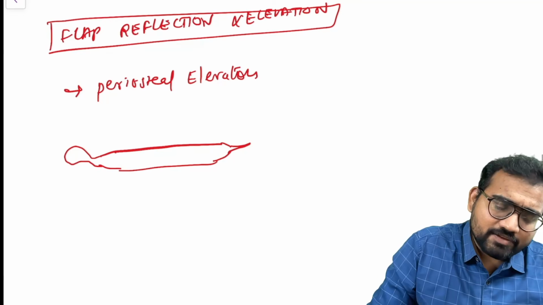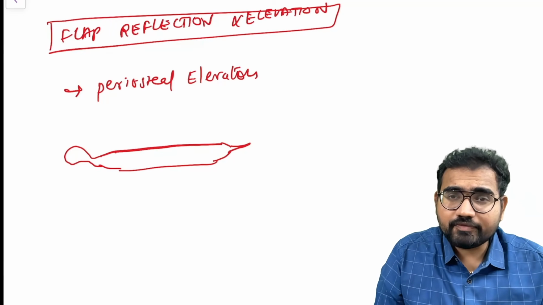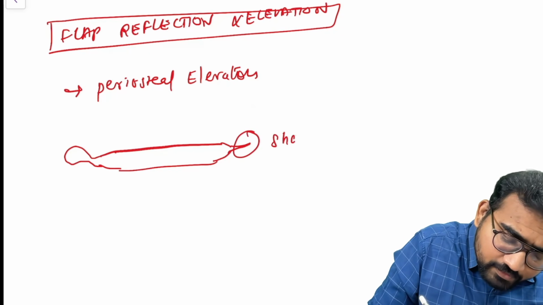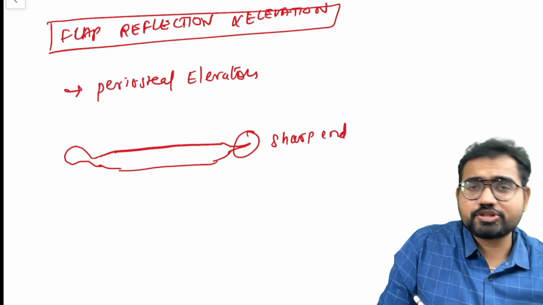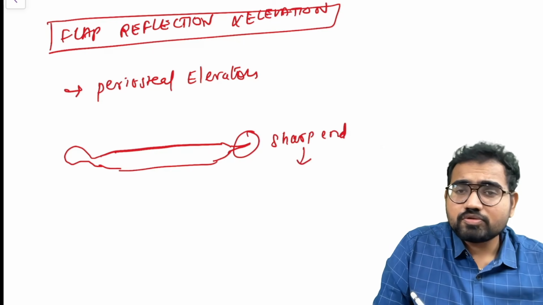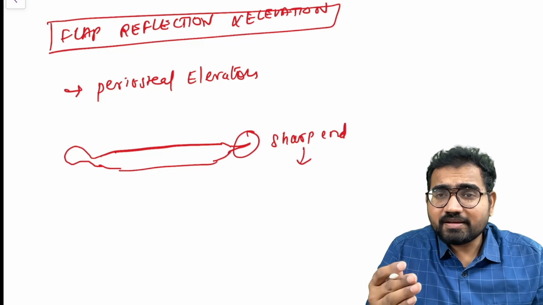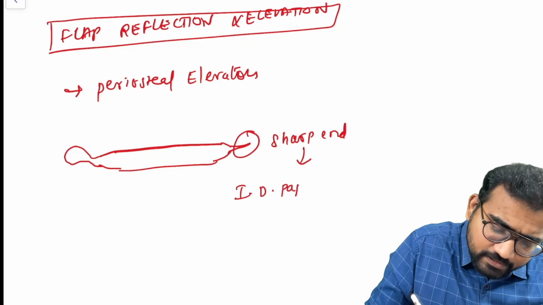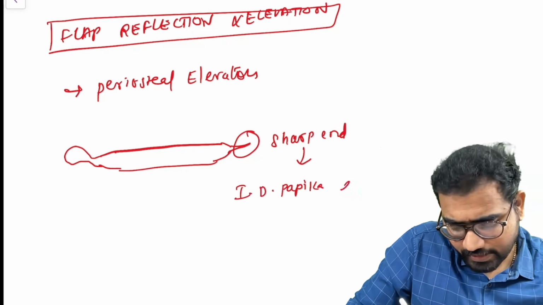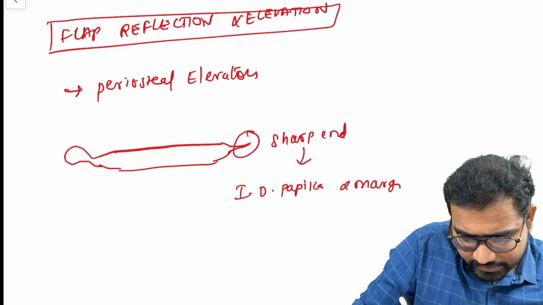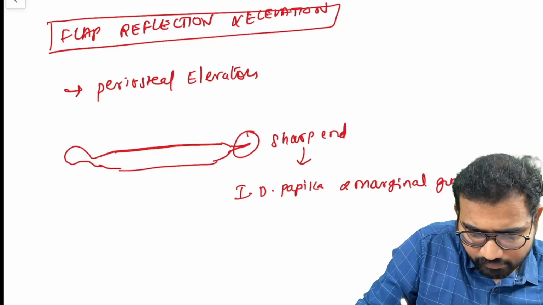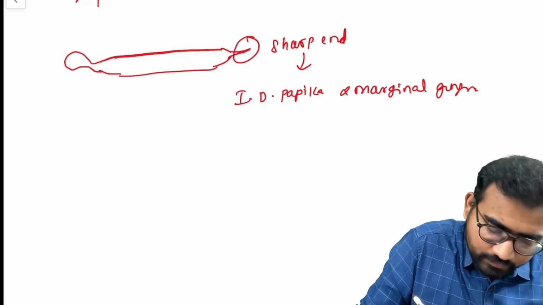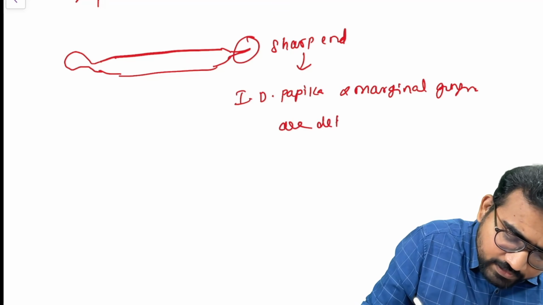After giving the incision, I should use the sharp end of the periosteal elevator to make sure that the interdental papilla and the marginal gingiva are detached from the bone.